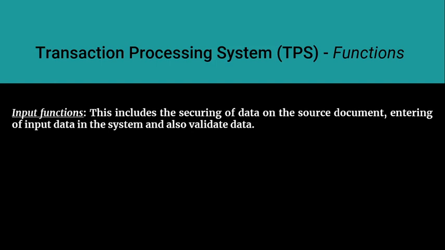Validating the data means that the required data which will serve the purpose of the user, only that relevant data is entered into the system. Right? So that is called validation of data.